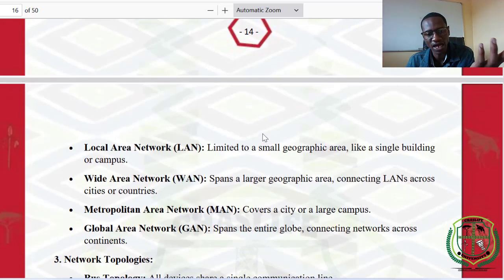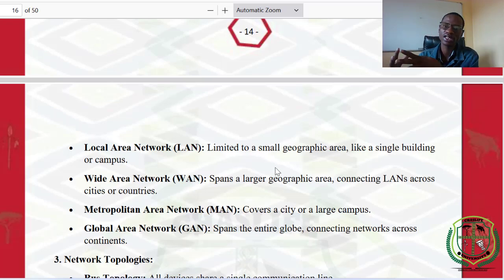So a local area network is limited to a small geographical area like a single building or a campus. All right, so LAN is a network that is provided for a small limited area, limited to one building. The network is just in that particular building. That's what we call local area network.